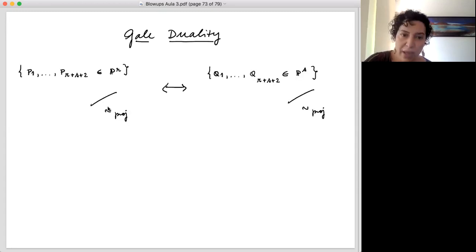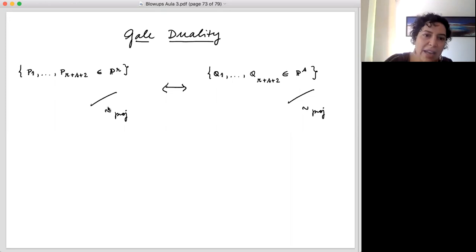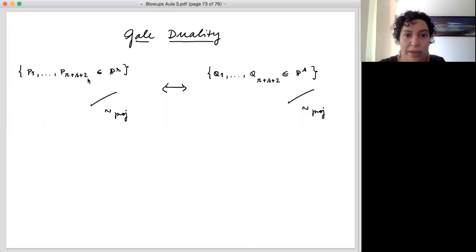This can be generalized to a correspondence where I have to fix two integers r and s, and then this correspondence assigns for any set of r+s+2 points in PR, a set of r+s+2 points in PS, up to projective equivalence.